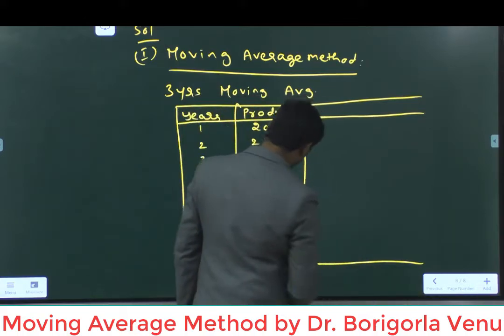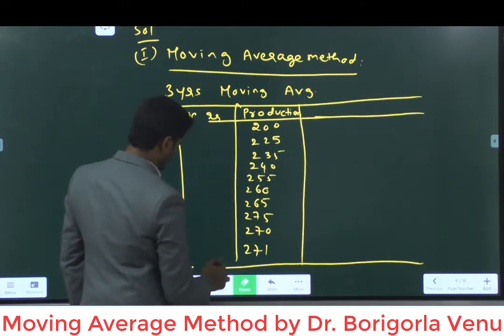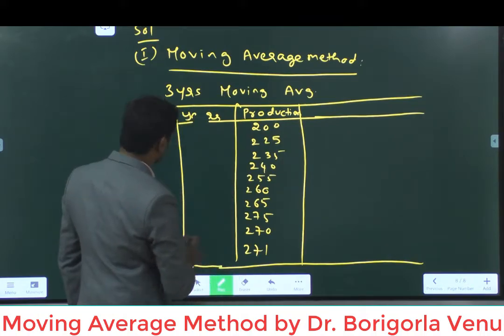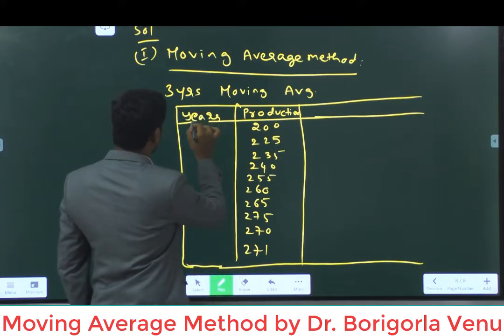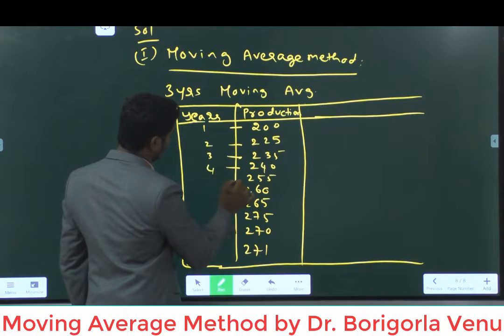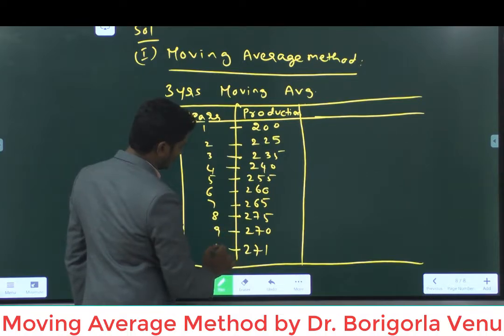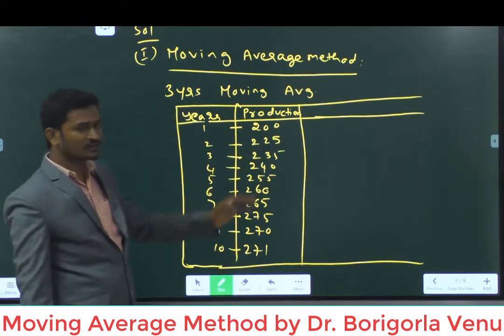These are the values of 10 years. This is the first year, second year, third year, 4, 5, 6, 7, 8, 9, 10. The 10 years production is given.